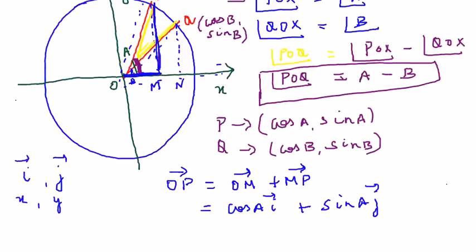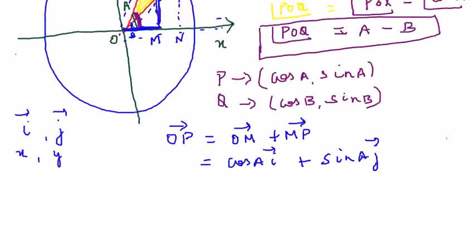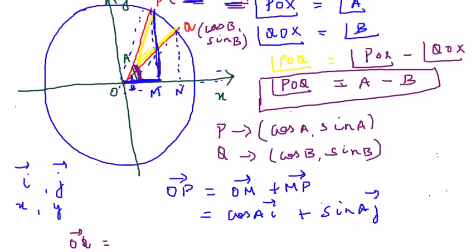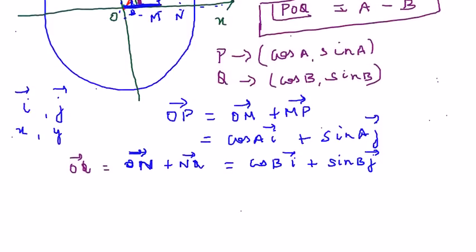Similarly, OQ is ON plus NQ, which can be written as cos B i vector plus sin B j vector. So we have got OP and OQ.